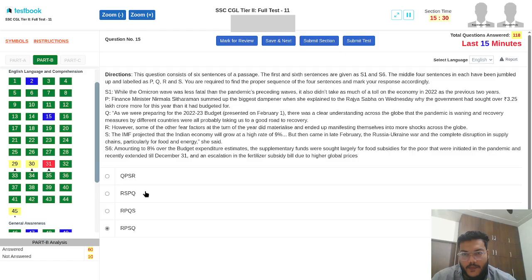ठीक है, फिर एस and the complete disruption supply chain, particularly with the food, and she said. As we were preparing for our budget, there was clear understanding across the globe that the pandemic is waning and recovery measures by different countries were all probably taking us to a good road to recovery.